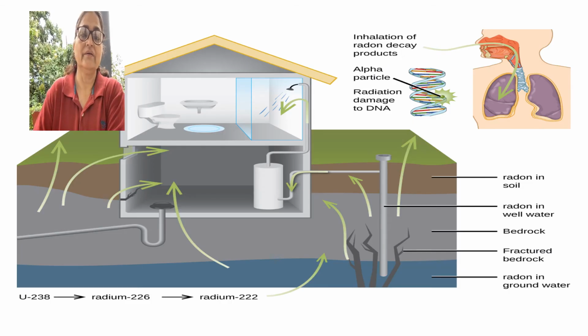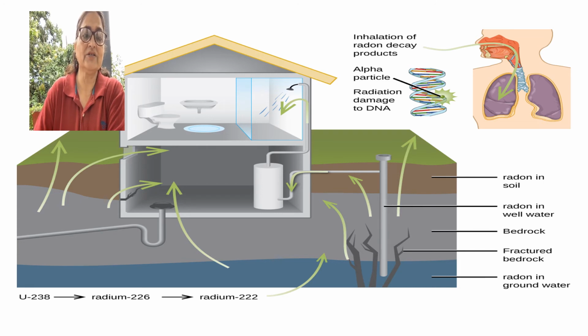Now, another pathway of causing biological effects by the radioactive substances. Here you can understand, here is the uranium-238. It converts into the radium-226 and then radium-222.